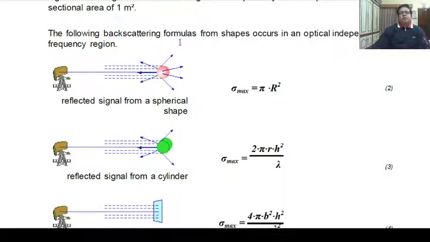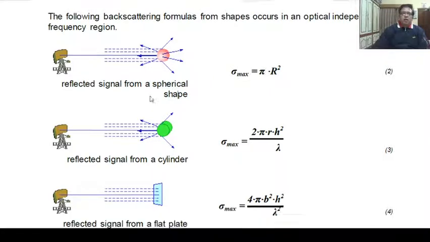The following backscattering formulas from shapes occur in an optical independent frequency region. If the shape is spherical, then sigma maximum is pi r square.